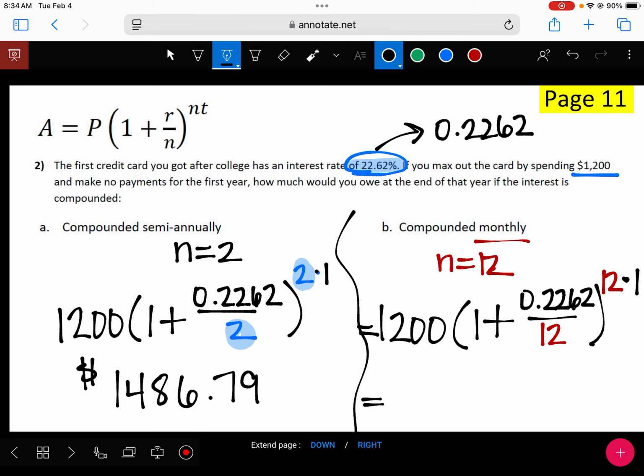So you should get $1,501. Who got 1501 for part B? Did you get 1501? Yeah. Did you get 1501? Still working on it?